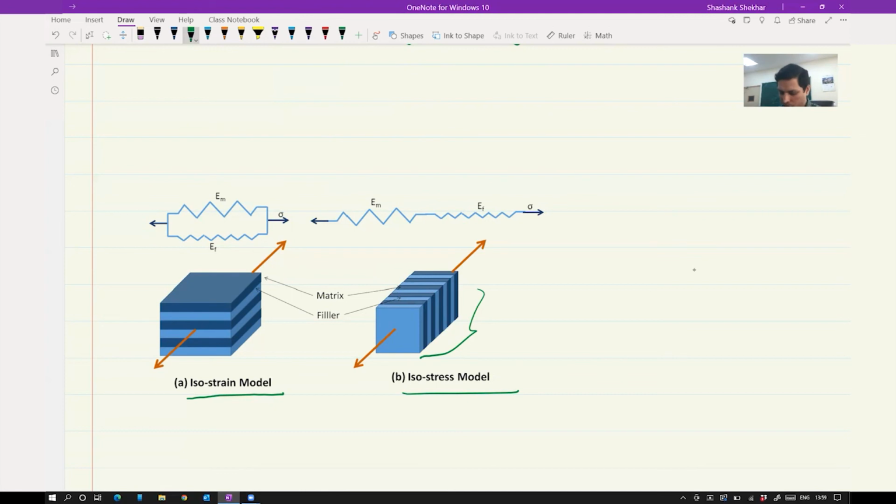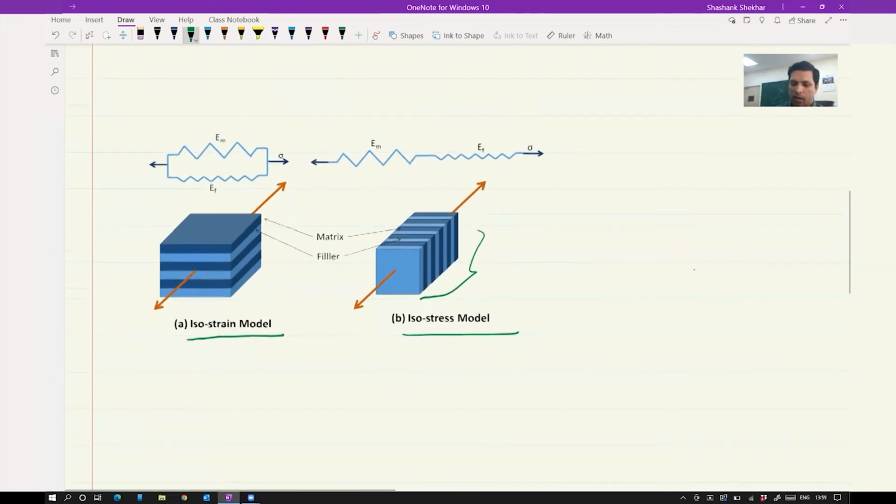Based on this, we can have two extreme models for calculating the elastic modulus of the composite. When there is continuity in strain, the model can be treated as a set of springs in parallel arrangement. And what you can see is that here Ec would be equal to the rule of mixture, Fm Em plus Fr Er.